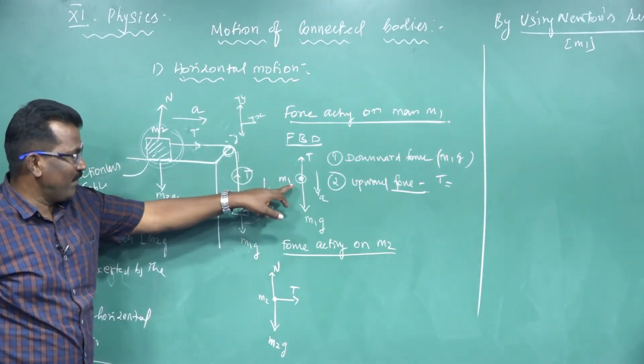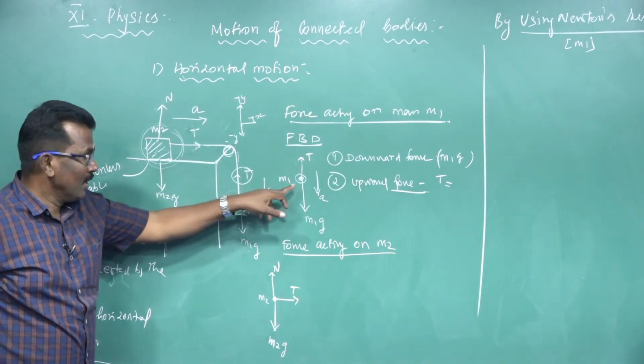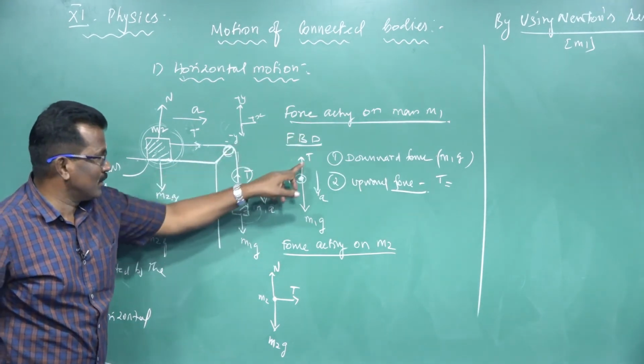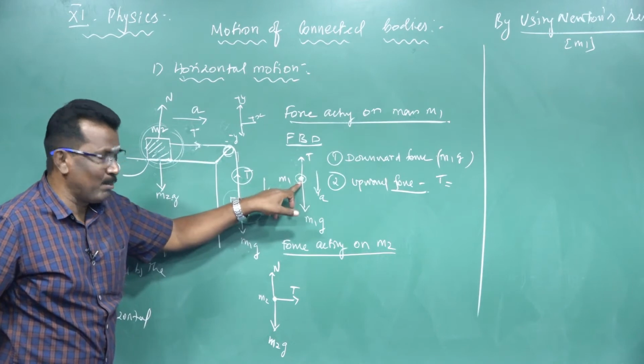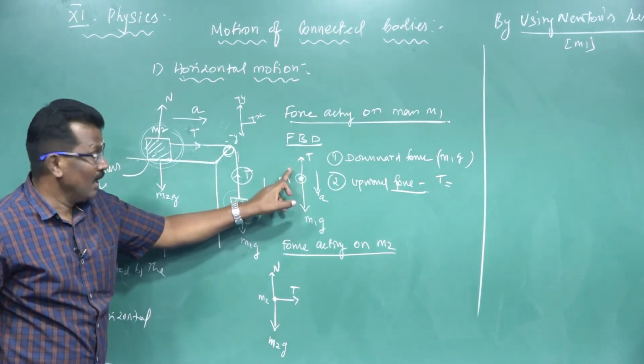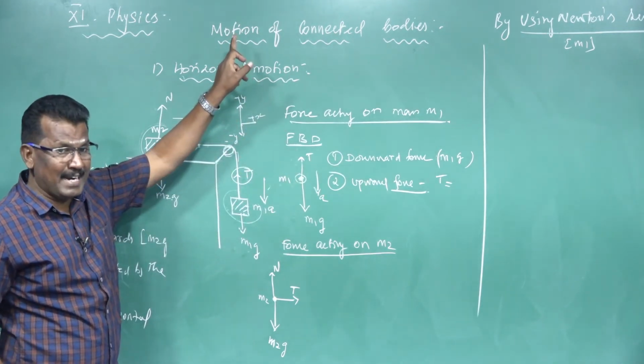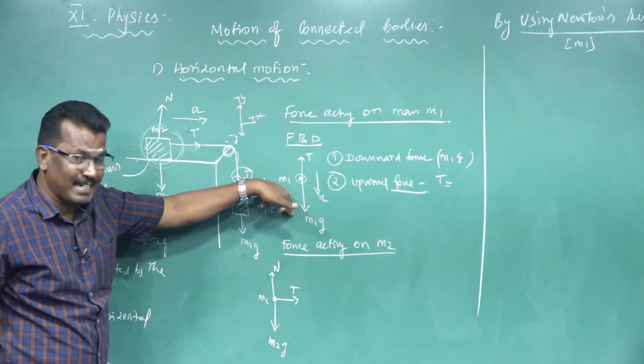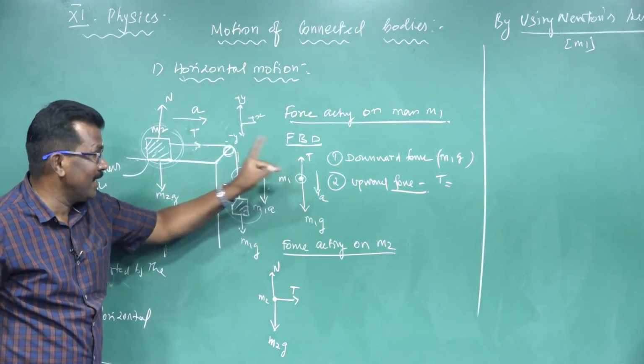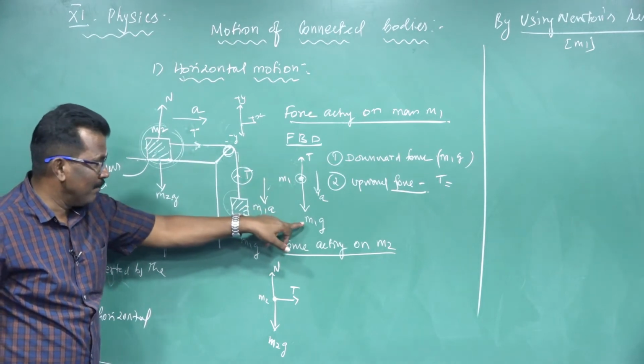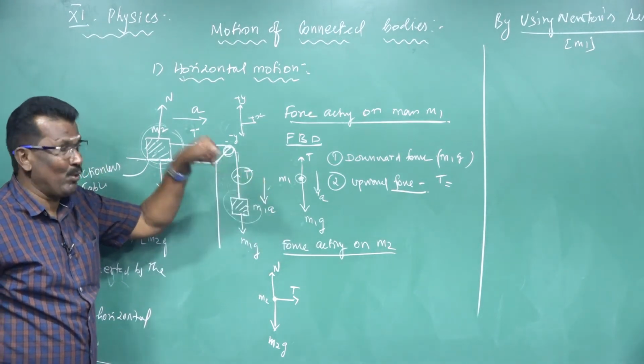So applying Newton's law on M1, F is equal to ma. How many forces are acting at the point M1? Two forces. One is the tension acting in the upward direction, and M1g is acting in the downward direction. Tension is along the positive y-axis, gravitation along the negative y-axis.